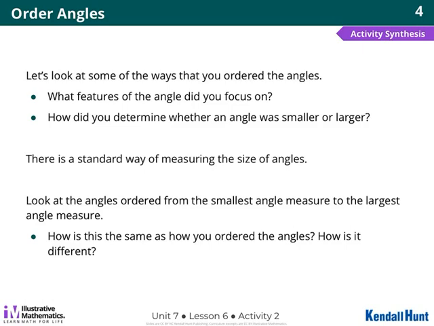So by thinking about activity 1, how you had them sorted, you knew all of the acute would be less than 90 degrees, so you could start with those and order them. Then look at your next category, which was right angles, and you knew they'd all be the same, right? And then move on to obtuse, and then straight, right?